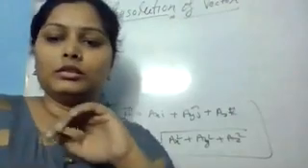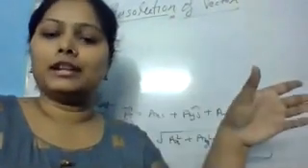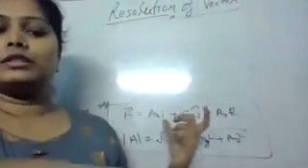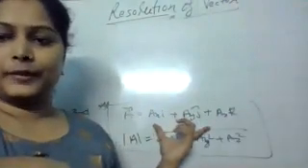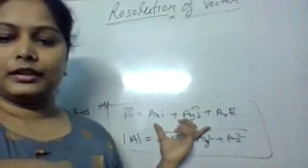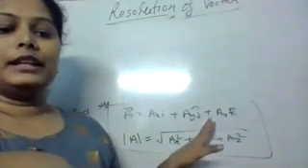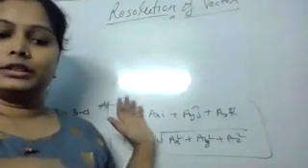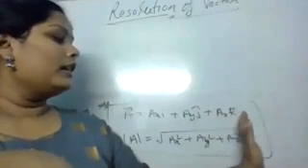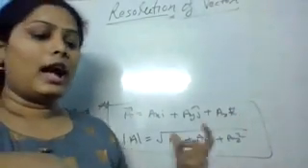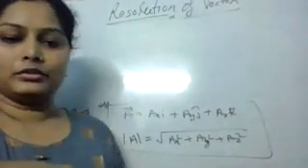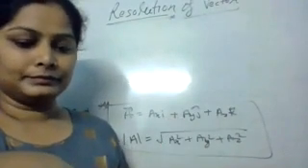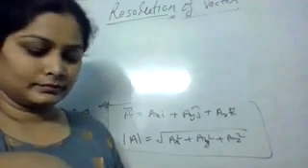There is no point to derive these equations because we have to deal almost with 2D. But in case your question has 3 dimension, then you can write the resolution this way and find the magnitude. Is this clear? No, ma'am.